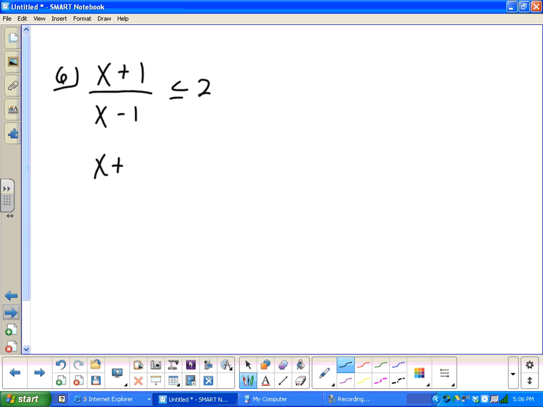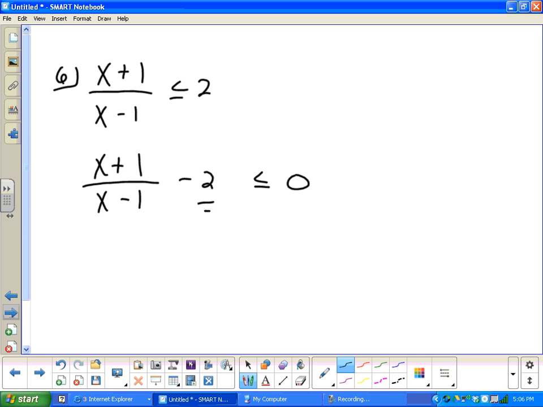So we get (x plus 1) over (x minus 1), and we'd say minus 2 is less than or equal to 0. Now, the next thing here, a lot of you guys did critical points like -1 and +1, and we can't do that because it's not a single fraction.